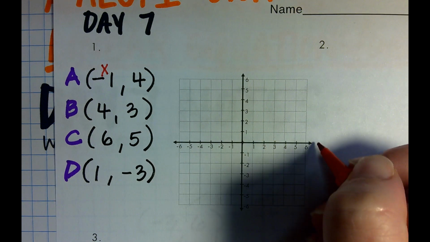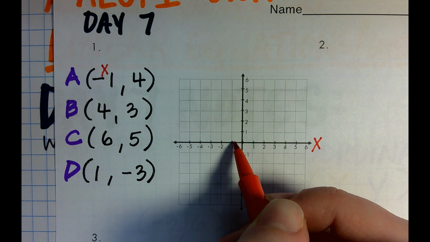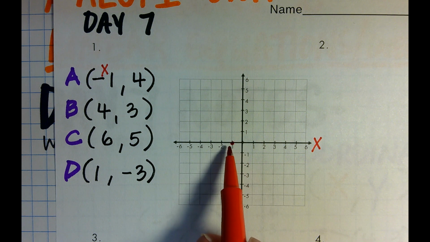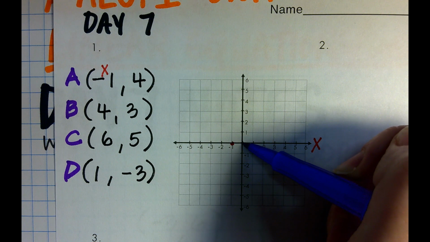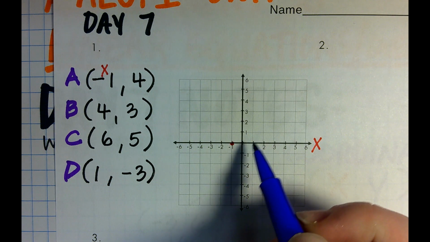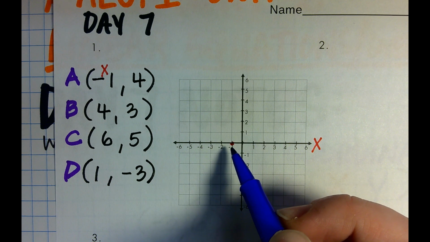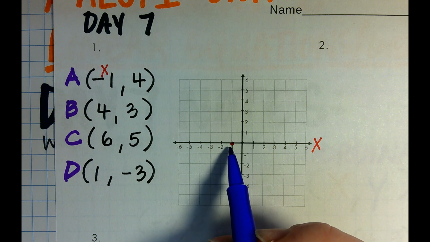Yes. Here's my x-axis. I'll label that. Since it's -1, I'm going to go over here to -1. And I'm not going to make my point yet, but I'm going to make a little mark so I don't lose my spot. And then you go up 4. On your y-axis, you go up 4. Now, am I going up 4 just from this 0 or from the -1 spot? Yeah. Good. So we used our x value to find -1.